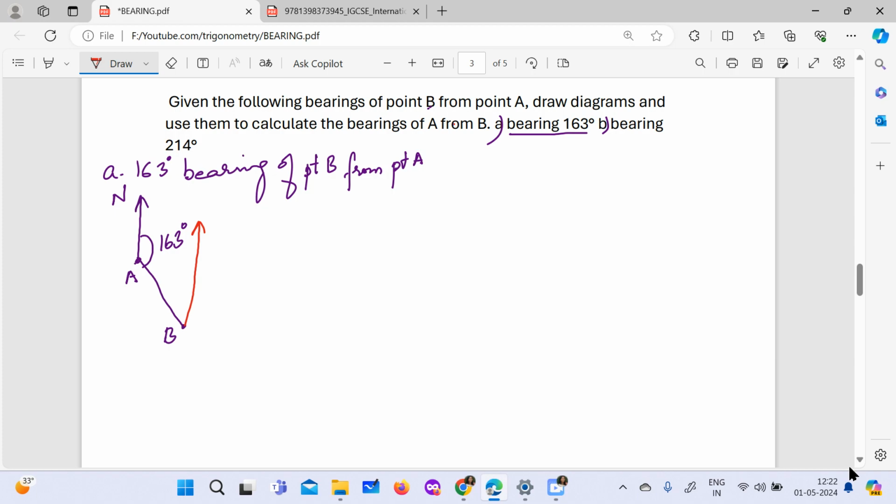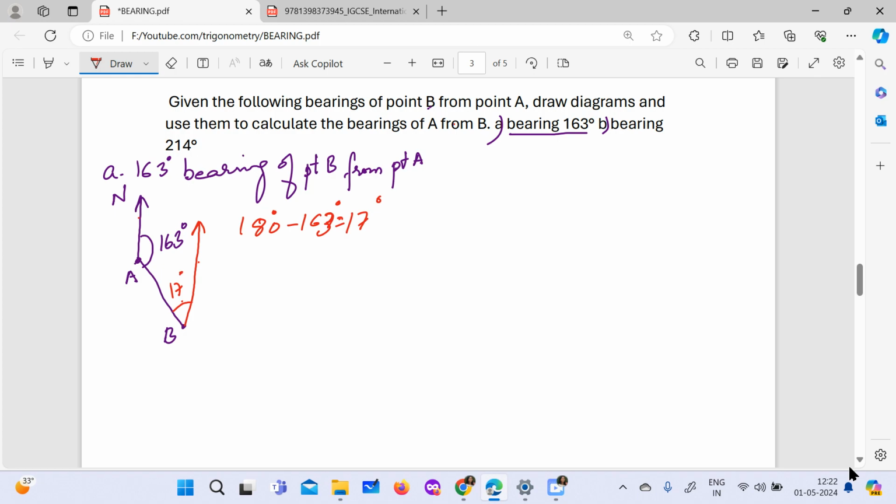Now this is easy. 163, and these two are parallel lines, and you know that this angle and this angle are co-interior angles. Then the sum of co-interior angles is 180. Therefore the measure of this angle will be 180 minus 163. That will give you 17 degrees. So this is 17 degrees.